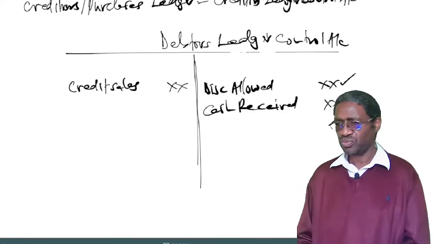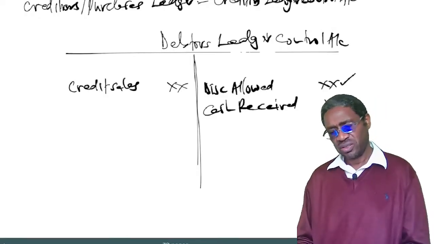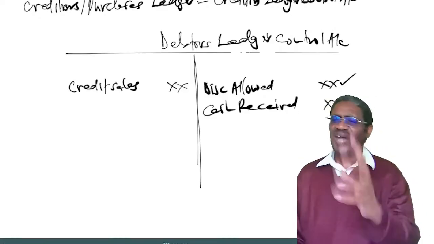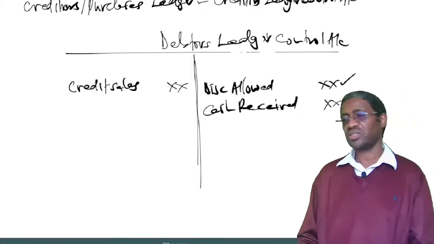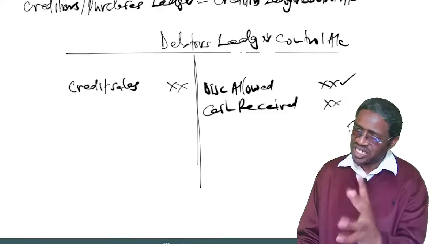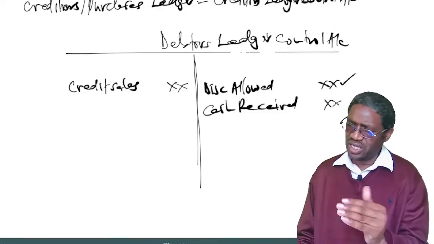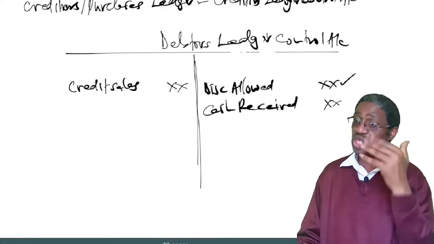Another one. You sold goods to your customer on credit and you debited the debtors account. If that debtor is declared bankrupt, I remember we discussed it, that debtor must be written off. Remember you debited his account when you sold goods to him to charge him.